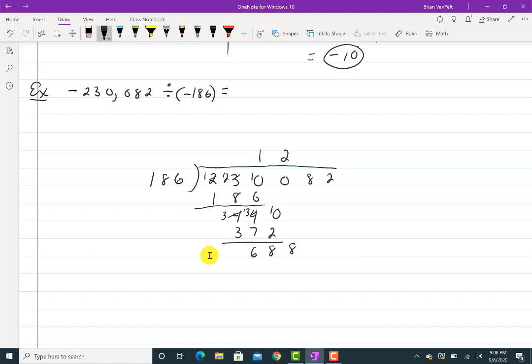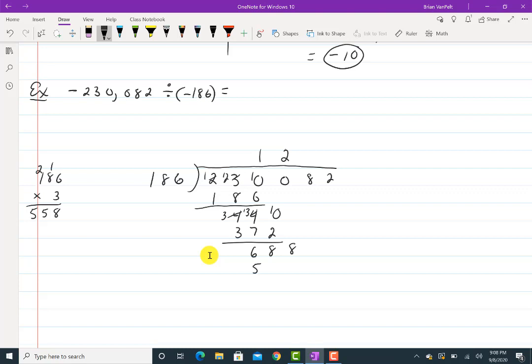688. 186, I think, let me do a trial multiplication here. I think 5, if I do 5 times 18 is 90. 6 times 18, maybe 3. Let's try 3 and see what happens. I get 558.